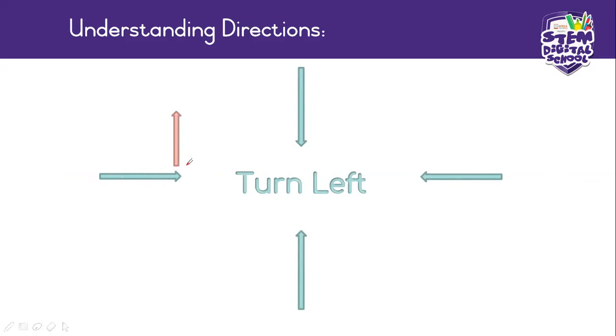This one, if she's coming from this way and we say turn left, then turn left will be down. So do you see the difference between these two? It depends on which side Laurel is facing. If she's facing this way, then left is up. If she's facing this way, then left is down.